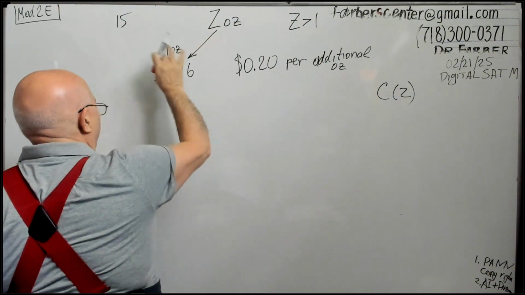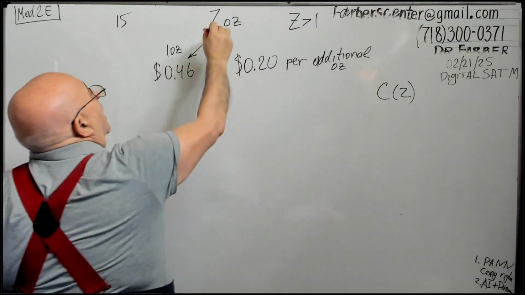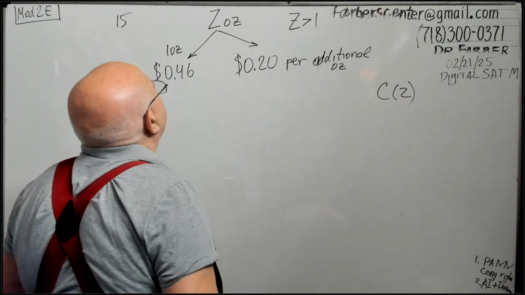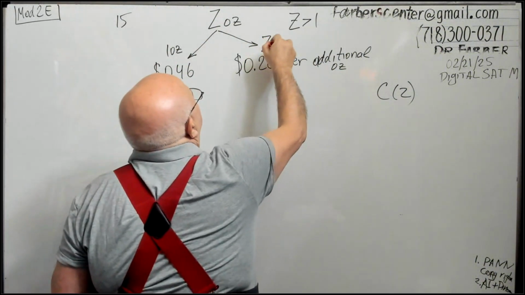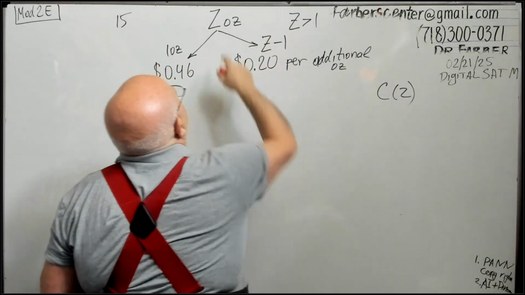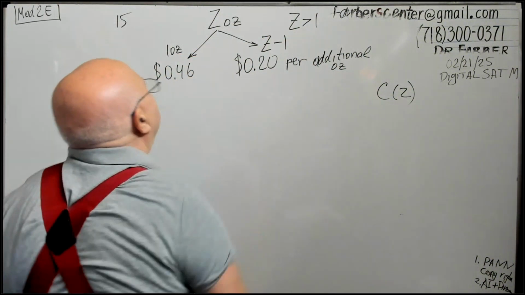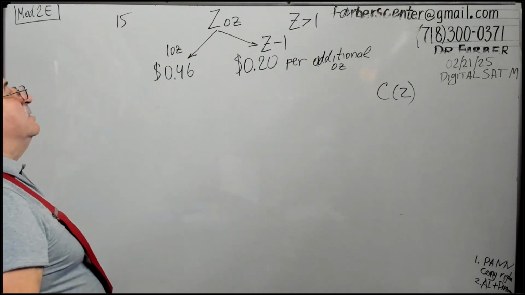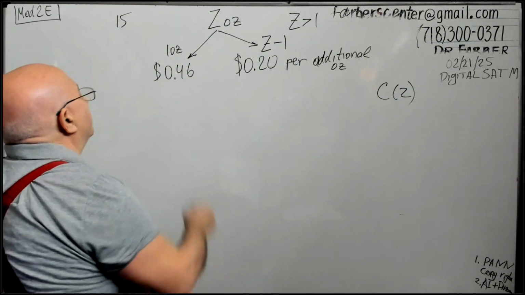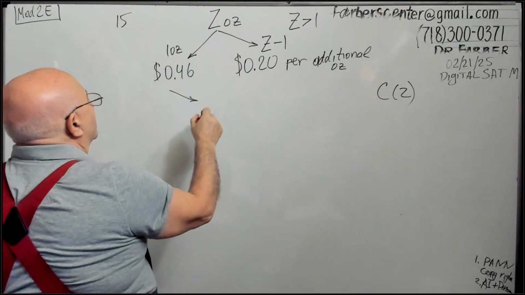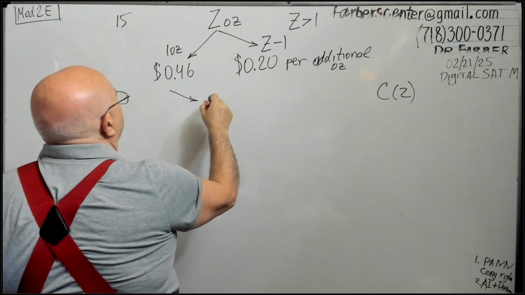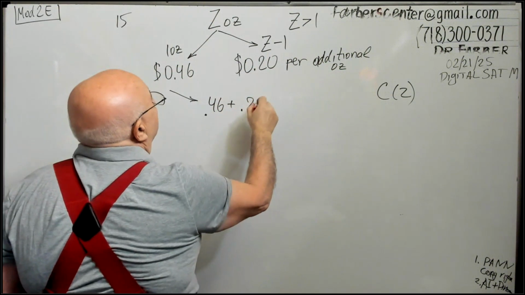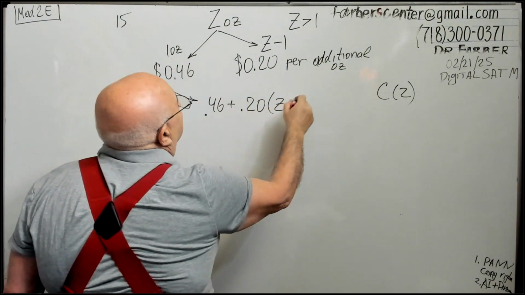This is the fixed rate. And this one is supposed to be Z minus 1. Why Z minus 1? Because for 1 ounce we already paid. And how many unpaid ounces are left? Z minus 1. Now complete the graph. So in total you're supposed to pay 0.46 plus 0.20 times (Z minus 1).